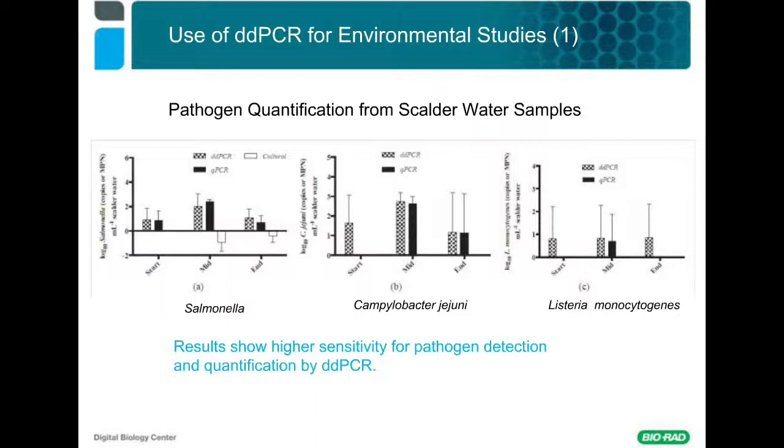These pathogens are detected either by culture methods, digital PCR, or qPCR. And what can be seen here is that in several cases, at least for C. jejuni and Listeria, digital PCR detects the pathogens with greater sensitivity than qPCR, and of course the culture methods.